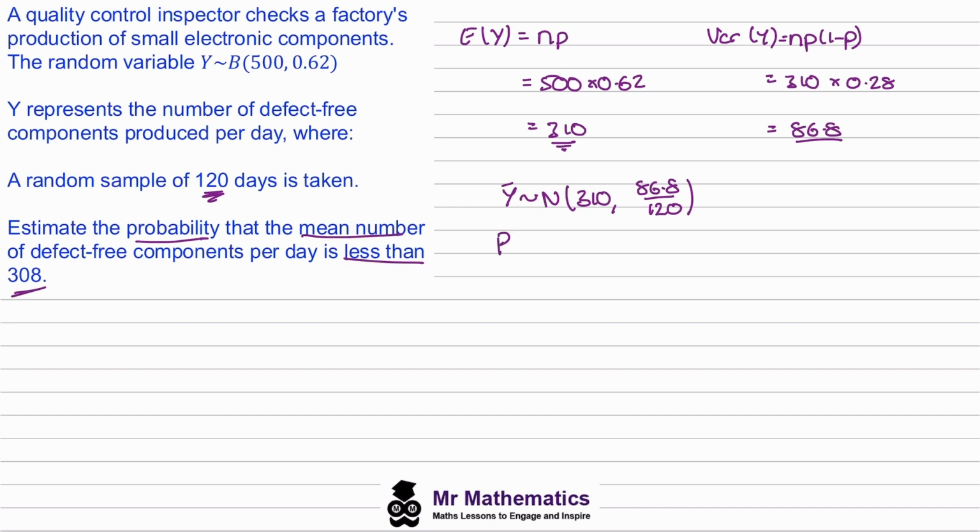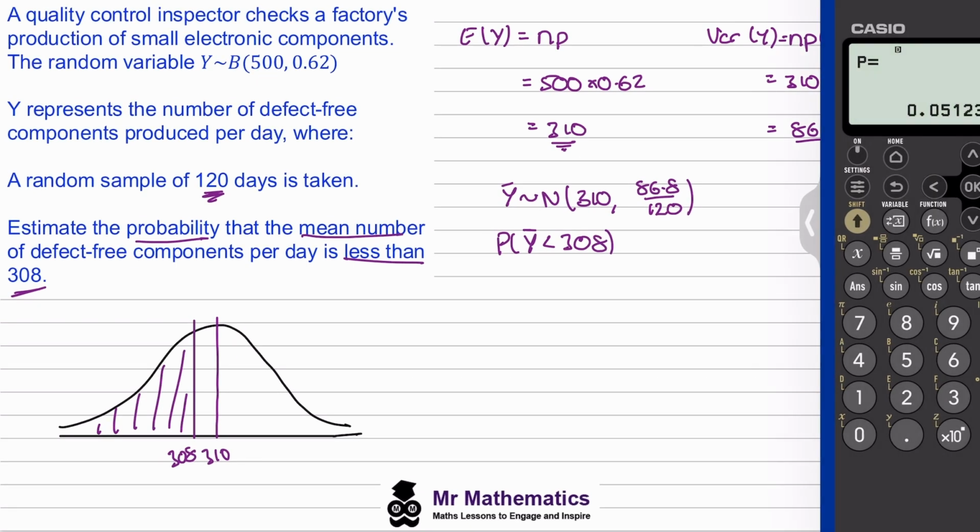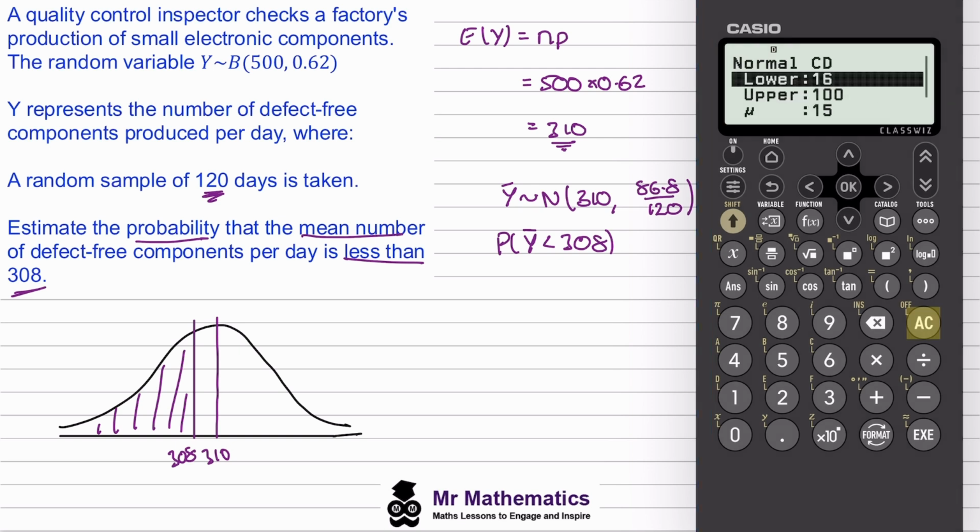So a probability that Y bar is less than 308. And I'm going to sketch the normal distribution curve. So we've got our mean as 310, and we want to look at the region which is less than 308, so this region here. So if we go back to our calculators, now I'm going to define the lower as 3 standard deviations below 310, so I'll just choose 0.